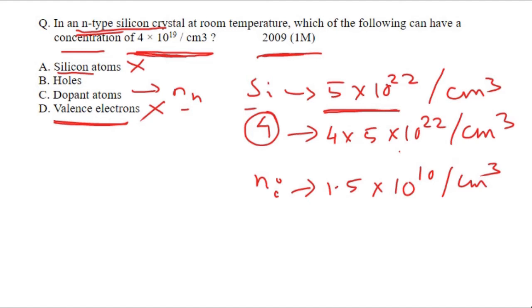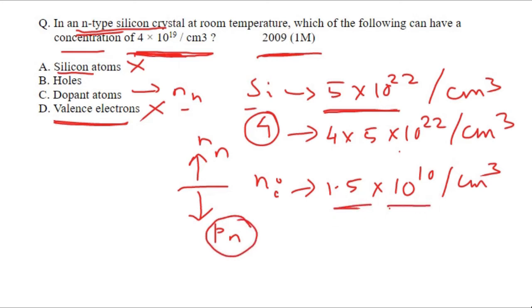Now in an N-type silicon crystal, the hole concentration, that is Pn, will be less than Ni, and Nn will be more than Ni, that is the dopant atoms. Here 1.5 into 10 to the power 10 is very much less than 4 into 10 to the power 19. So holes is much less than 1.5 into 10 to the power 10. So holes is also not our answer.